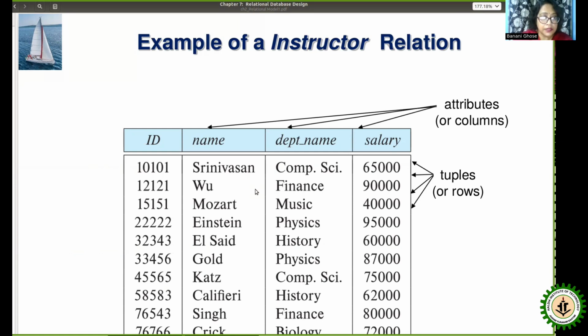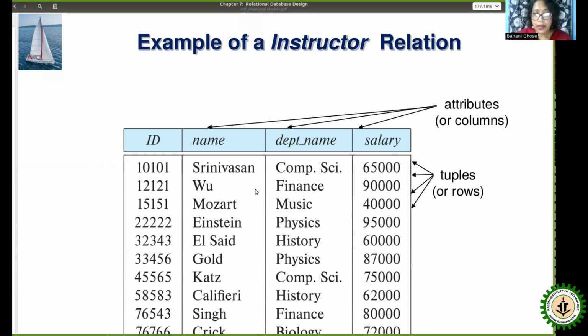So in the tabular representation or the relational data model representation of the database, you can see that in the column names, the attributes are written. And what about the rows? The individual rows are the individual instructors and their interrelated data. Each row has separate tuples in it.